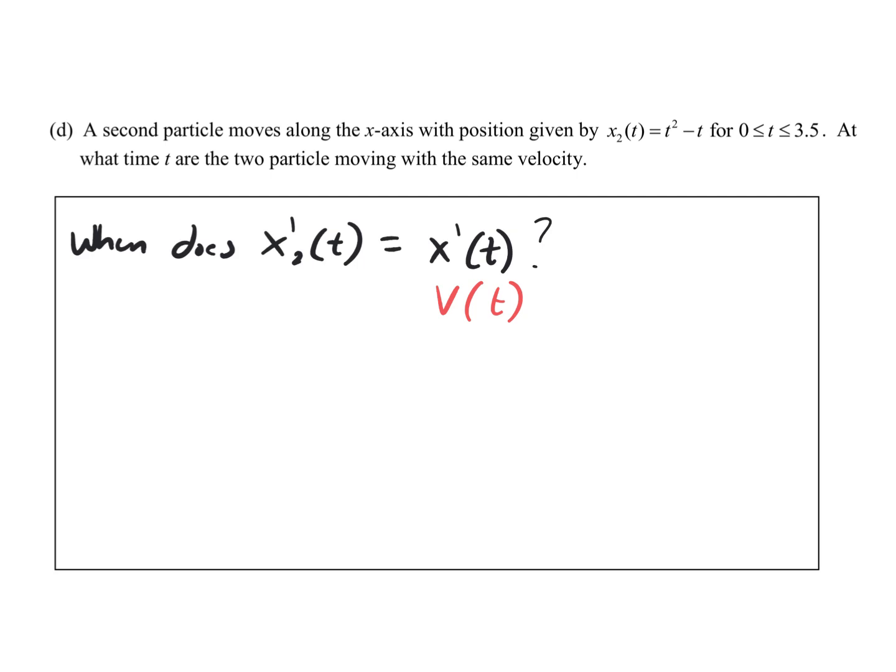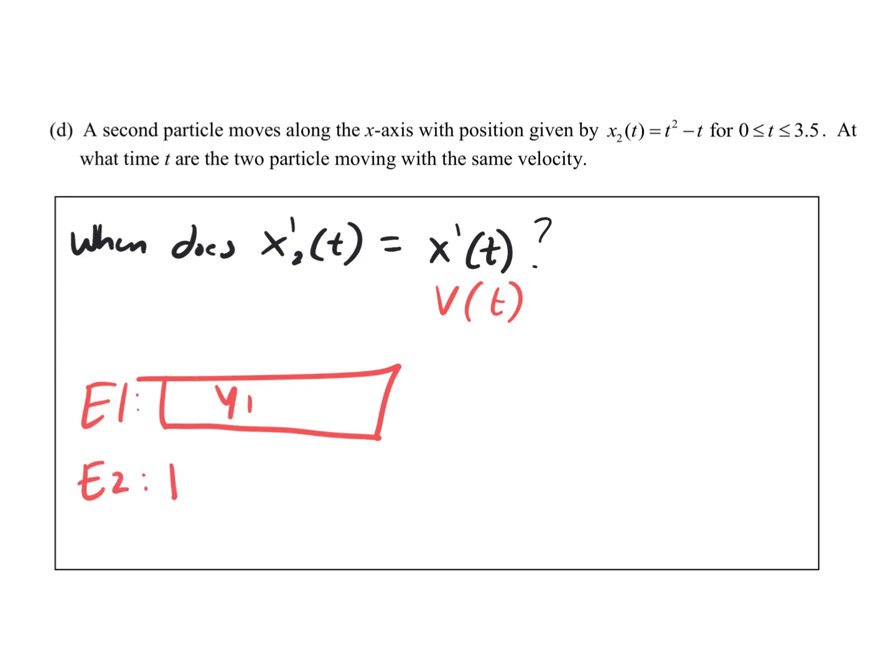Okay, so what I did in the first equation, so you have this E1 in the first little box like this, I typed Y1, right? Okay. In E2, I did integrate it, and I just put in 2x minus 1. That's this.